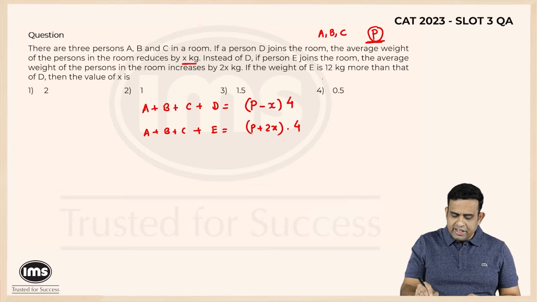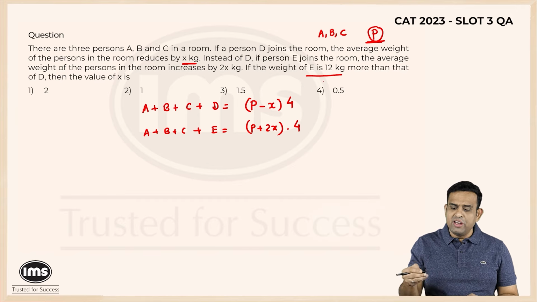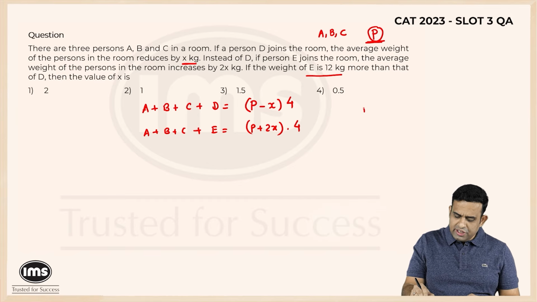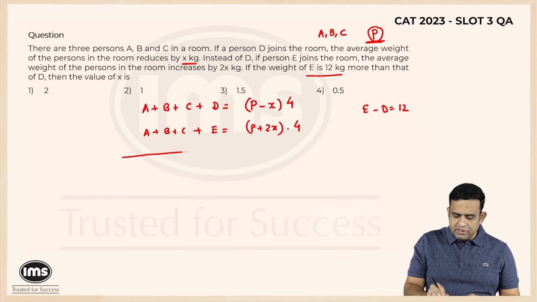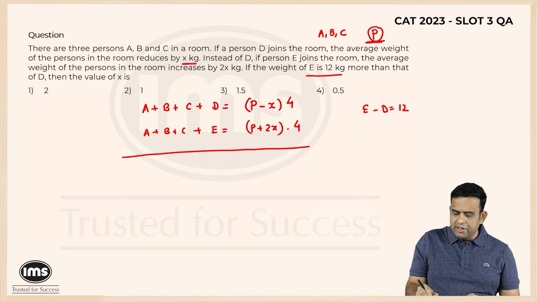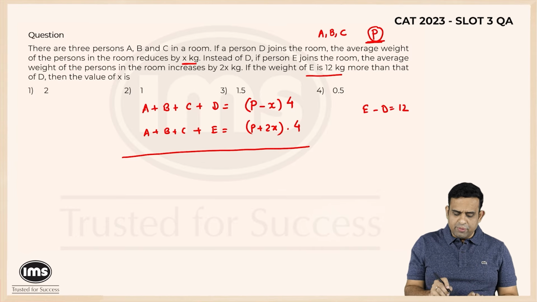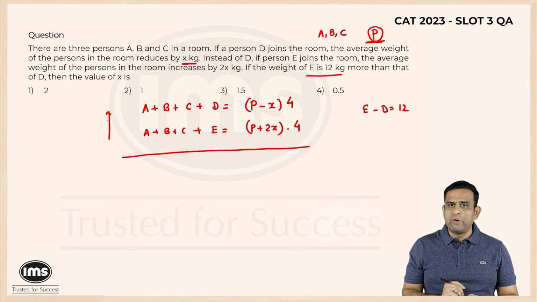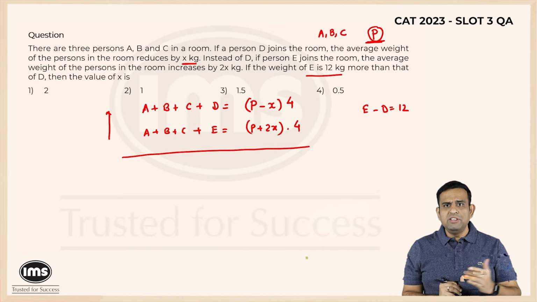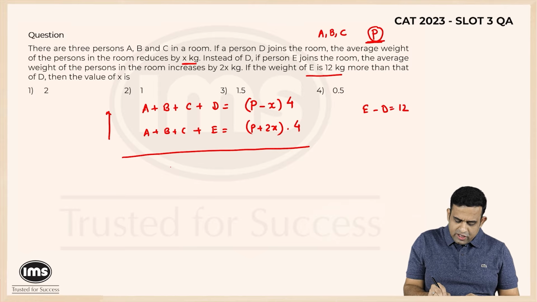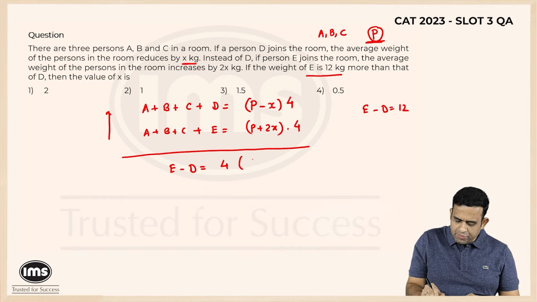Now we also know that E minus D, because E is 12 kg more than that of D, so E minus D is equals to 12. So obviously I don't know the value of A, B and C over here. If I do equation number 2 minus equation number 1, A, B, C will get cancelled out, and one will simply get E minus D to be equals to 4 is also going to be, let's say, common.